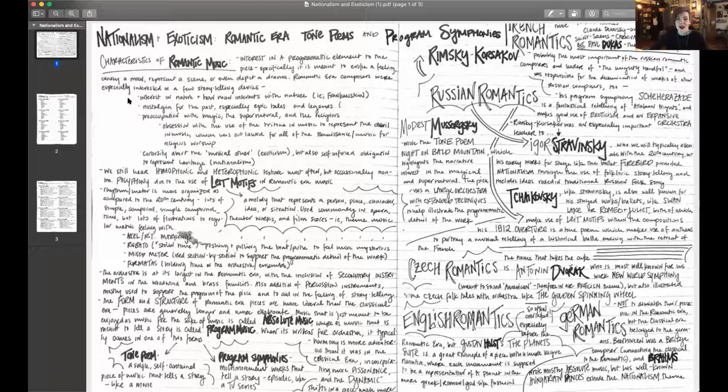And he is not the only composer that was interested in reviving Shakespearean ideas. And there's, of course, also a small revival of Greek ideas that were presented on stage. So that is another of the narratives that Romantic era composers were interested in.